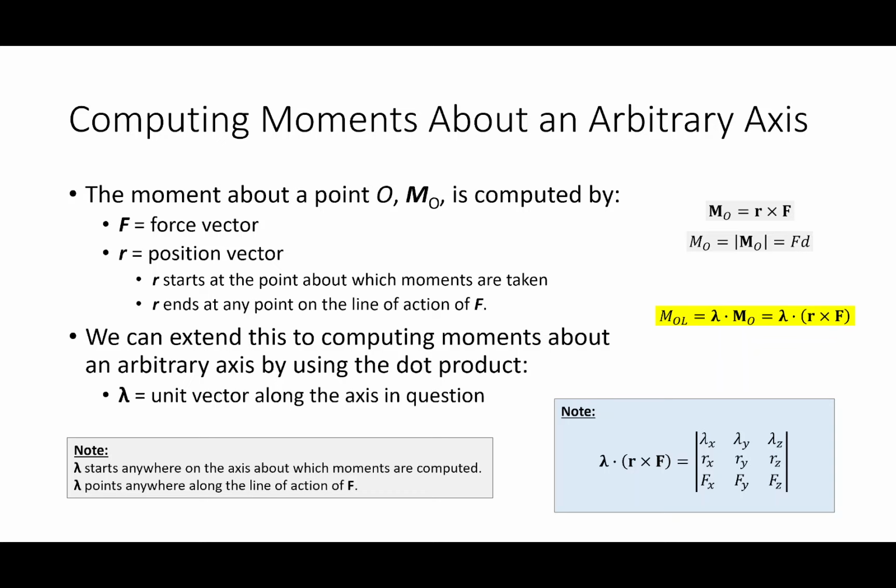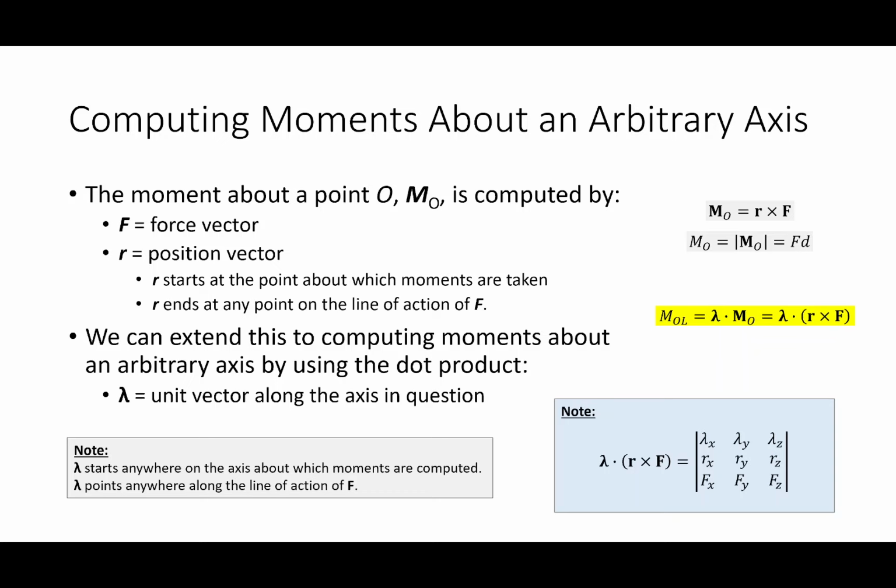So we are going to have some slightly different definitions. R is going to be from a point about which moments are taken, and it ends on any line of action of F. In order to define lambda, lambda is going to start anywhere along the axis of that member, and it's going to end anywhere along the line of action of F.